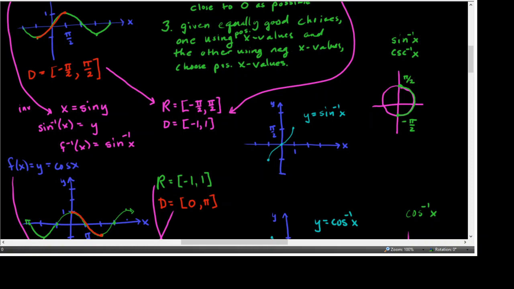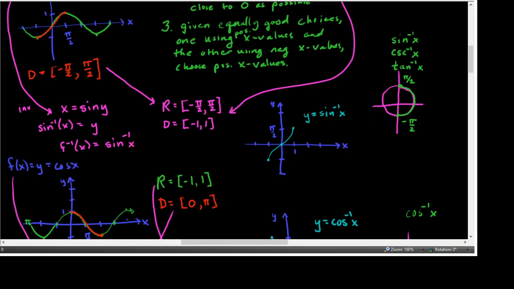as does tangent inverse. And the way I remember some things, a little trick that I learned when I first did this, was I thought of tangent as a function that's dominated by sine, because it's sine of x over cosine of x.